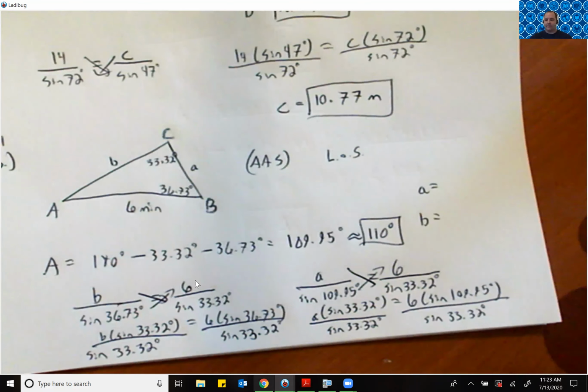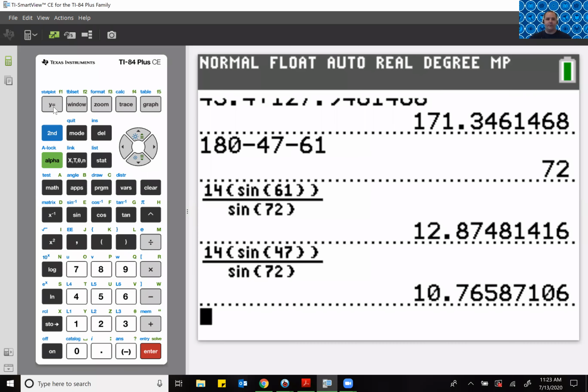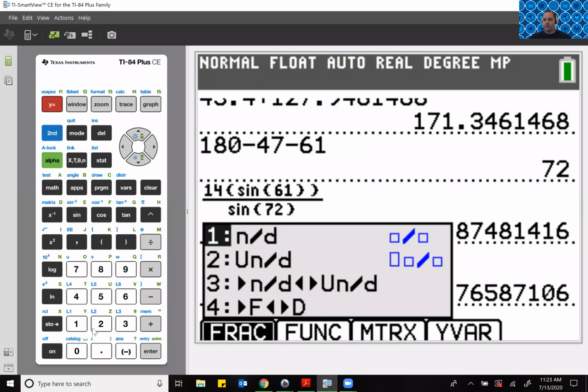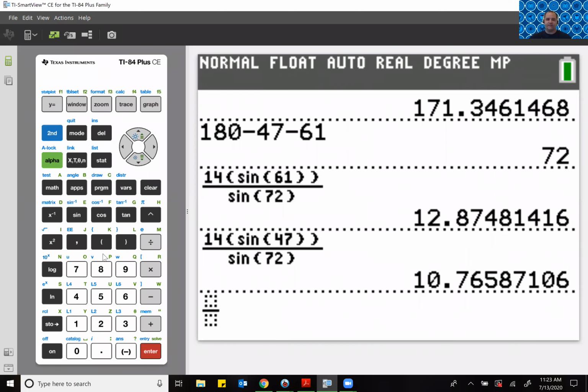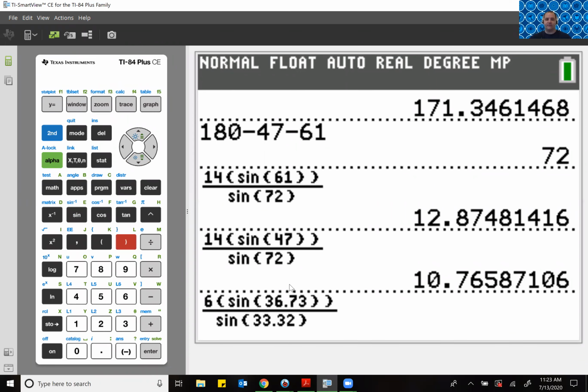So I'm going to go to my calculator, alpha y equals, we're going to have 6 sine 36.73, close, close, all over sine 33.32. And again, I'll just grab this fraction and use it for the next one real quick.